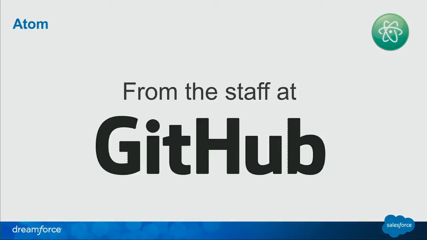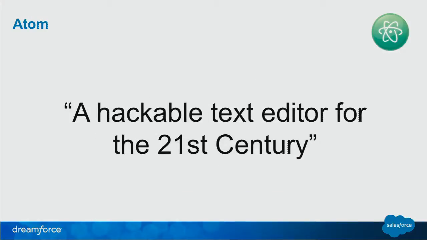Yeah, so, well, as you probably know, GitHub has open source and the web at the foundation of their company. And this is relevant because this has clearly driven the development philosophy of Atom. And so GitHub describes Atom as a hackable text editor for the 21st century. This statement is at the center of why we brought MavensMate to Atom.